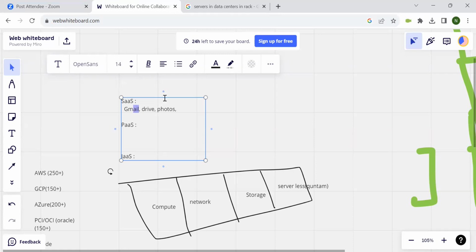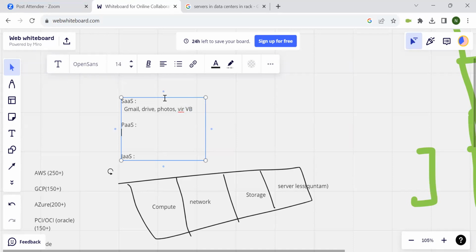You are not maintaining how to install Gmail in your system, or what the prerequisites are. You are directly the end user of the software. So Gmail is one of the SaaS products. Drive is similar, and even virtual desktop, or VBox. These are all software you are directly using.